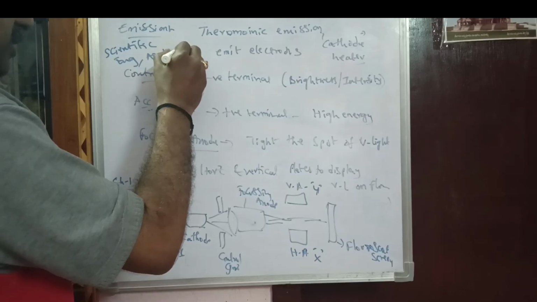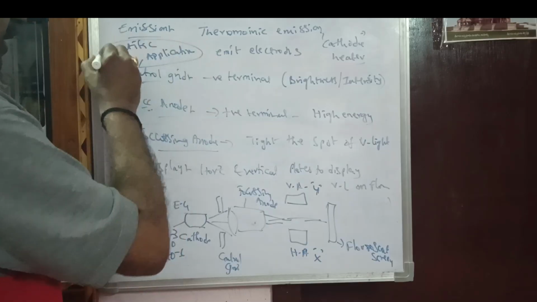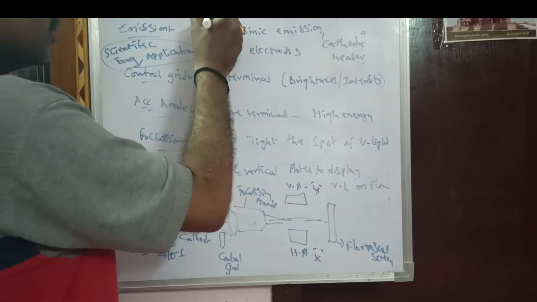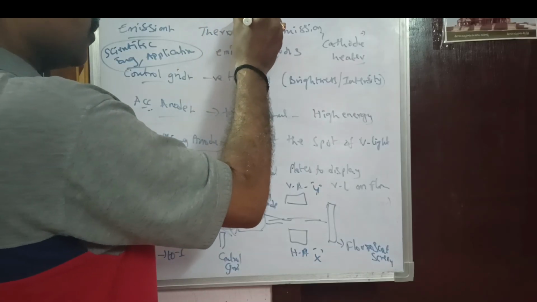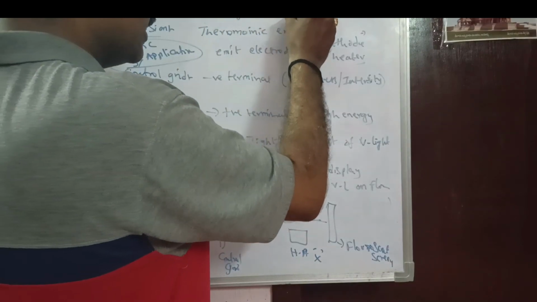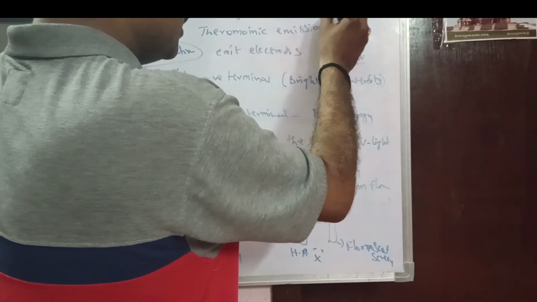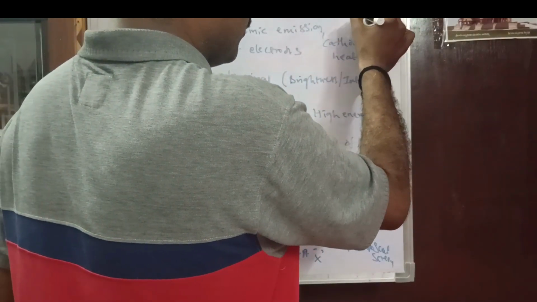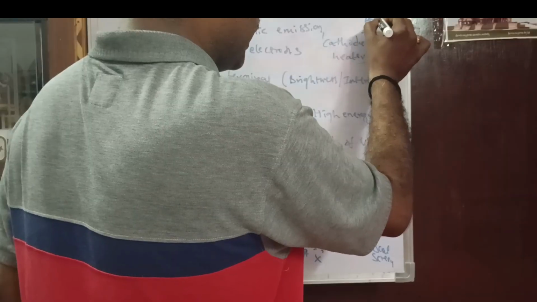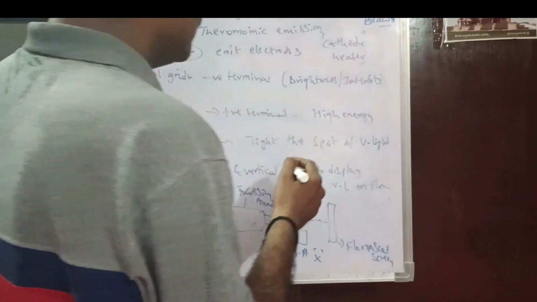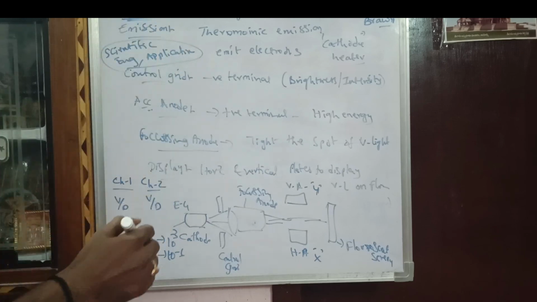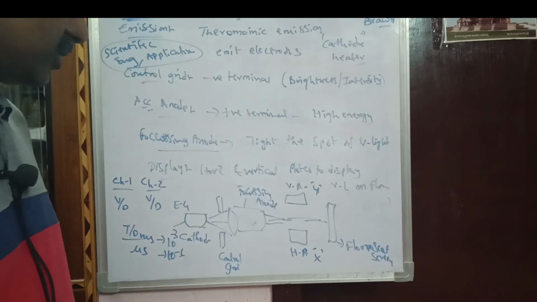This is the basic CRO. It was discovered by a German physicist in the year 1897, Ferdinand Braun. Early CRO was discovered. This is the topic about CRO.